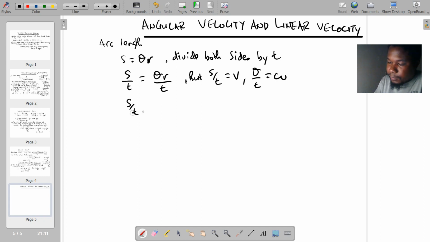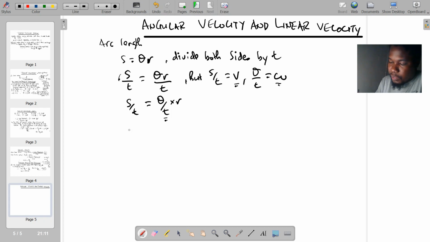S over t, this part is what we're saying is linear velocity, and there's another part here that is theta over t times r. That's what is happening on the right hand side, and this is angular velocity.